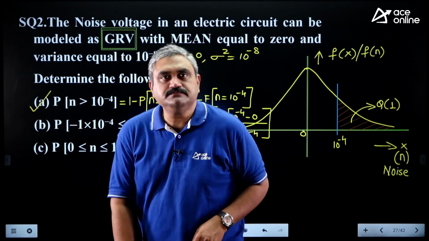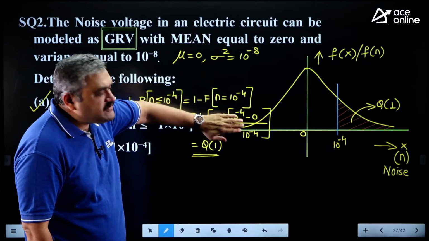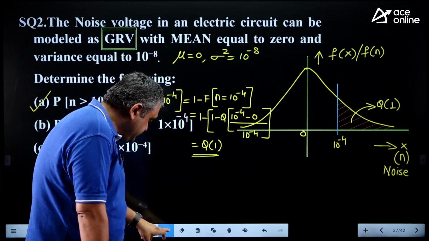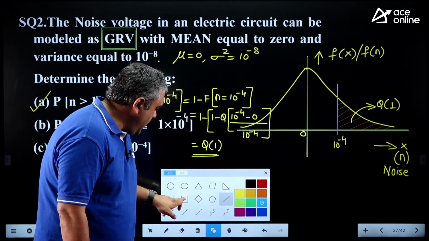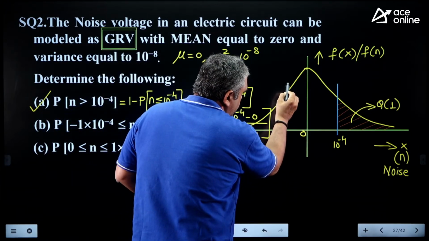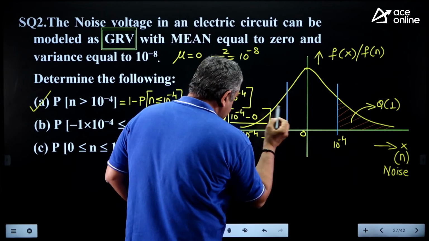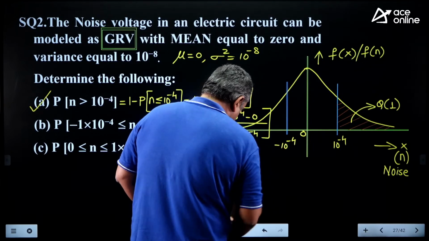Very simple question. So if you can draw the density function like this, then understanding it becomes very simple. Now see the magic. Because of the symmetry in these functions, if this is 10 power minus 4, on the left side of 0 it will be minus 10 power minus 4, correct or not?